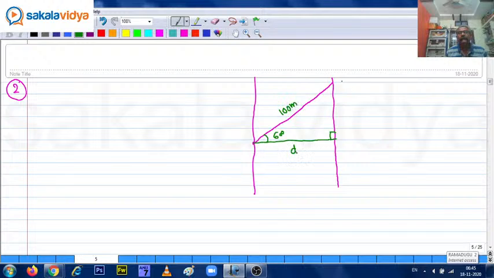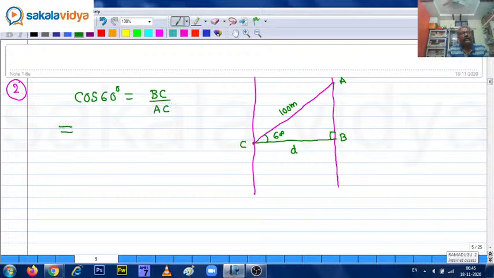Say D. Say triangle ABC. From this, this is the hypotenuse and this is the adjacent side. You find cos 60 degrees. Cos 60 degrees is equal to BC, the adjacent side, by AC.